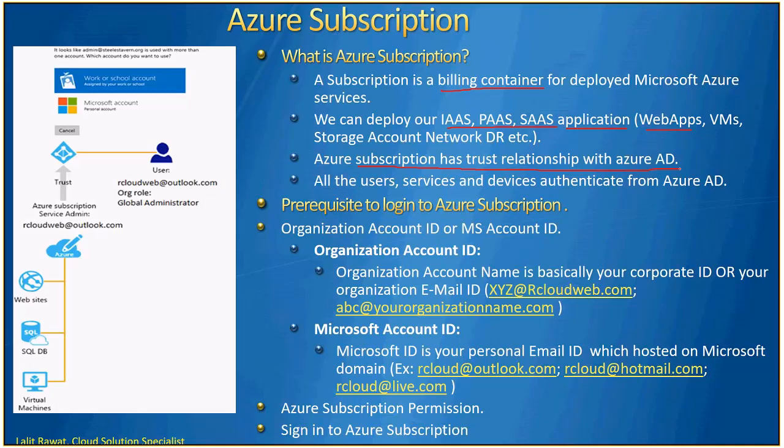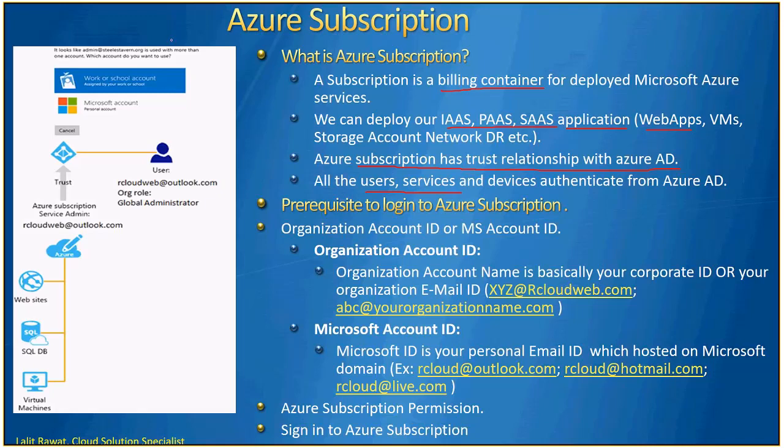All the subscriptions have a trust relationship with your Azure Active Directory. Only then will they know how you are authenticating your users to the subscription and making sure your users get the right permissions. You get user, service, or device authentication through Azure Active Directory.